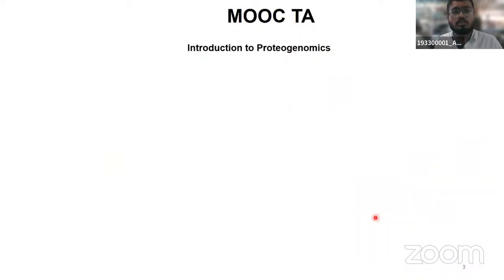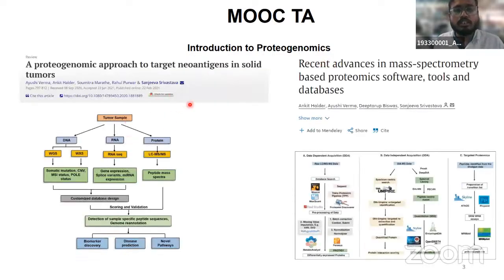So now coming to the course, I am the current TA for the course Introduction to Proteogenomics. Proteogenomics fascinates me as a research topic, and you can go through these different review articles where they have discussed how we can approach identifying new techniques like new antigens, where the major goal is to integrate genomics and proteomics technologies to identify patient-specific mutations and generate customized databases to identify patient-specific things for precision medicine.